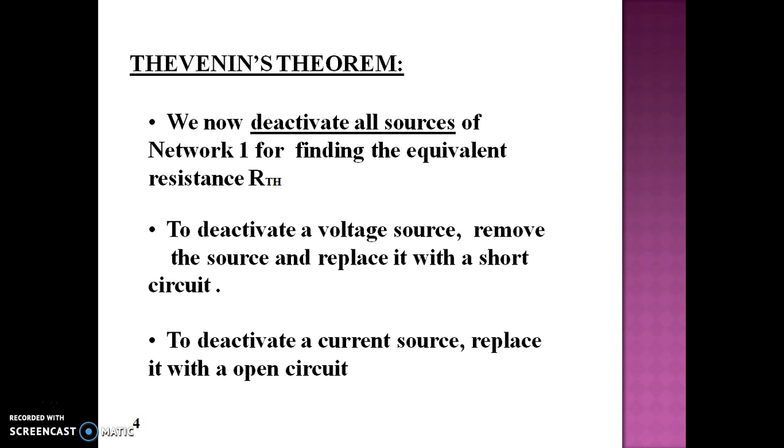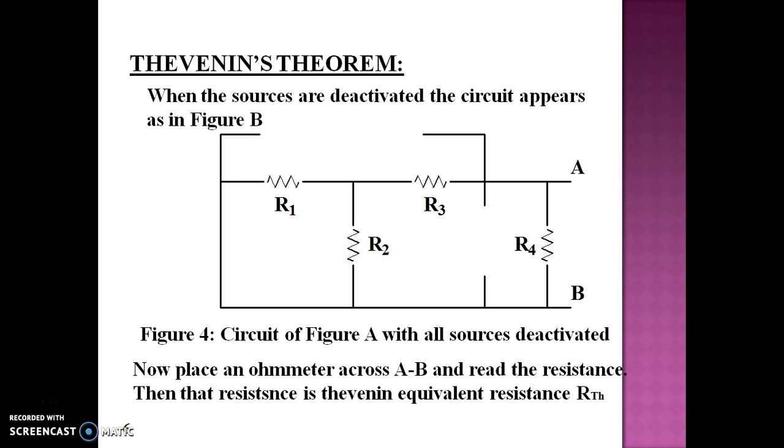To deactivate the current source, replace it with an open circuit. Now the figure 3 will be like this. The voltage sources are short circuited and the current sources in these positions are open circuited.